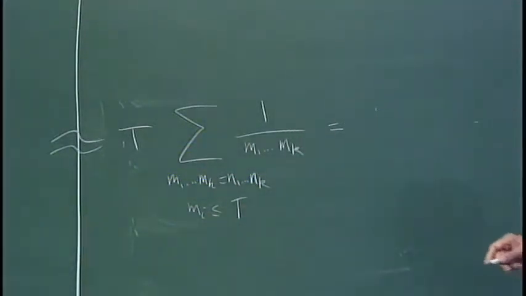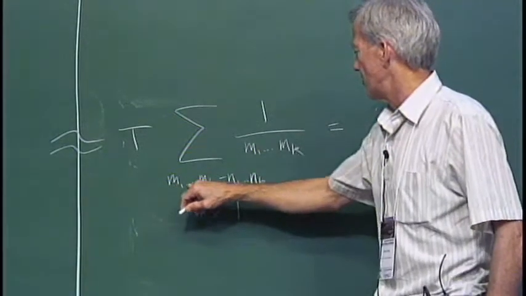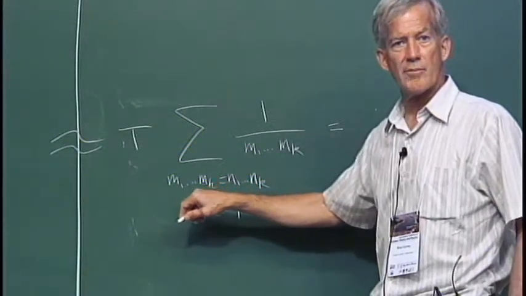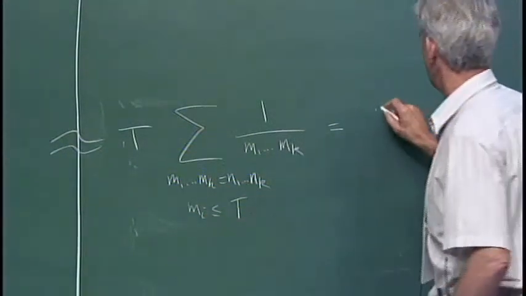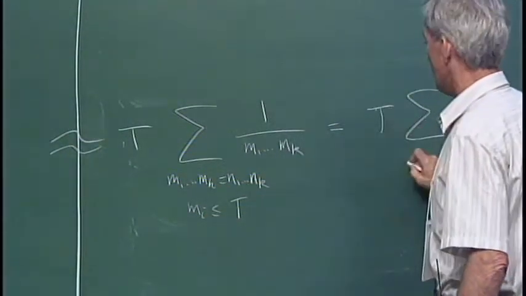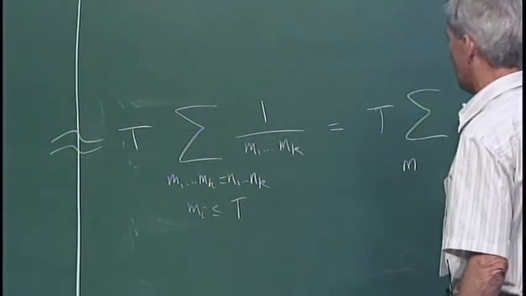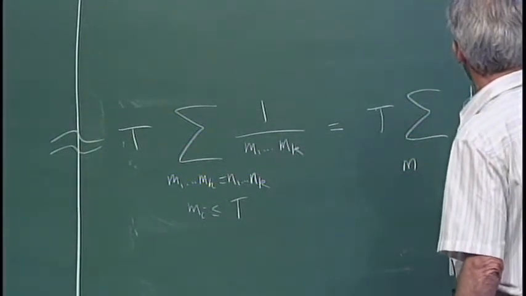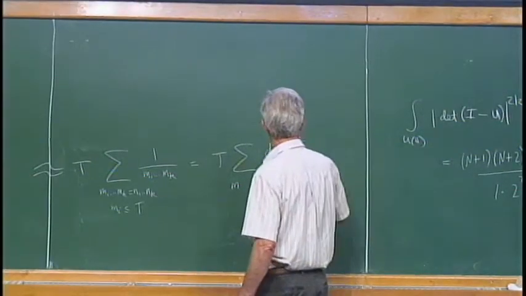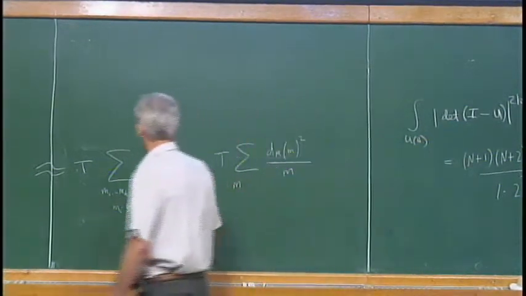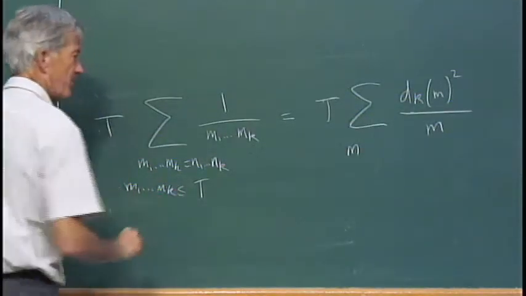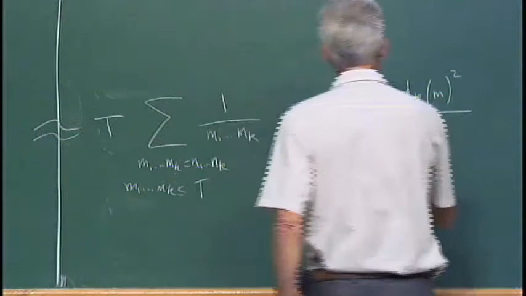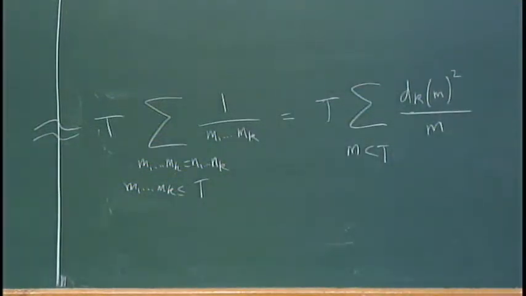You've got 2 integers that are equal, and you're writing them each as a product of k things, and that's just the k-divisor function, right? So you'd have t times the sum of dk of m squared over m, maybe with the product less than t. Okay, so this is your first thought about how this is going to work.